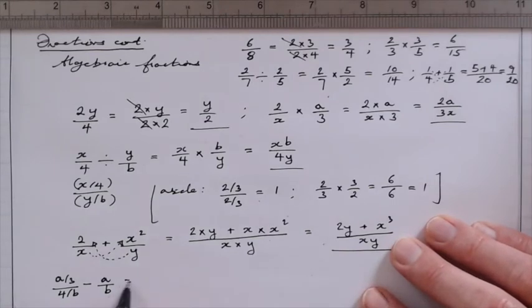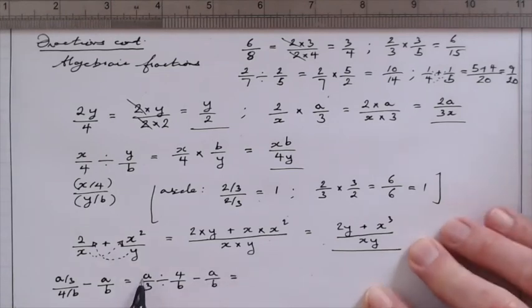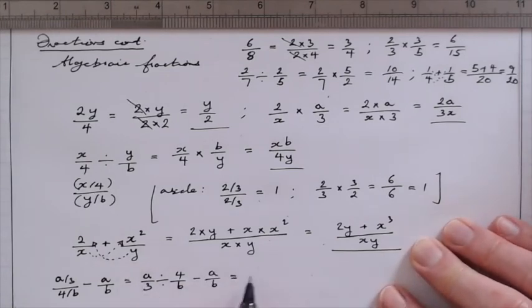We'll do it in steps. We have to deal with this first one. It's the division of 2 fractions. So it's a over 3 divided by 4 over b. And then once I've worked this out, I have to subtract a over b. Now I'm going to convert this to a fraction multiplication.